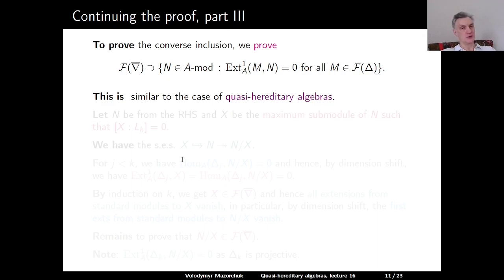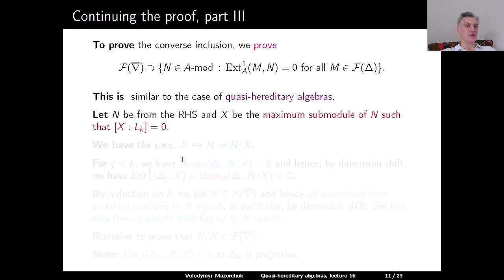And here the proof is also quite similar to the quasi-hereditary case, so let's go through the details. Consider a module N for which all first extensions from all standard modules to this N vanish, so it belongs to our right-hand side, and let X be a maximal submodule of N which doesn't have any subquotients of the form L_k.